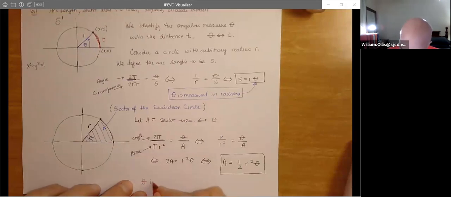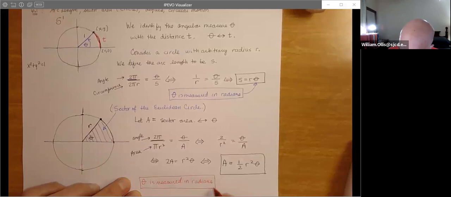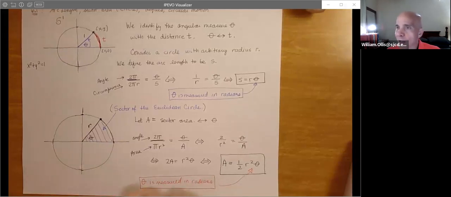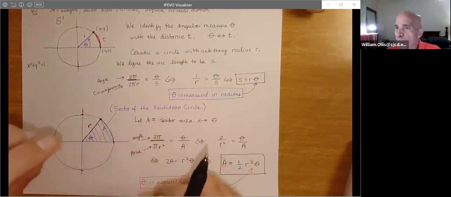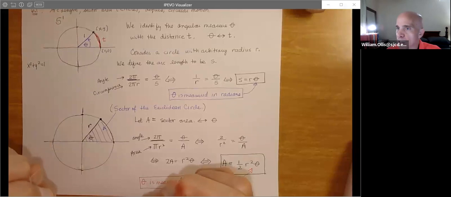Theta is measured in radians. So we need the pure measure of the calculus, which requires the radian measure. That is the dimensionless measure. You know, we call them radians, but there is no dimension.